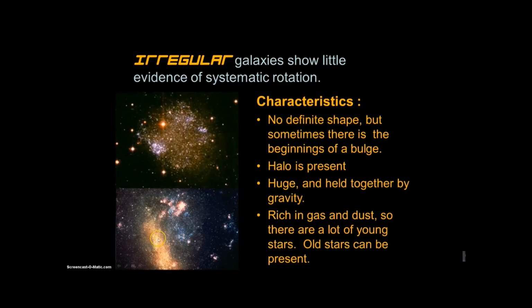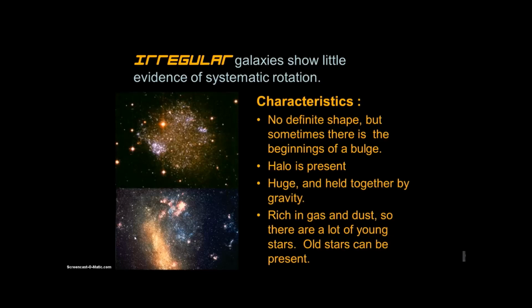Sometimes you begin to see the beginning of a central bulge, but nothing that's formed. There is a bit of a halo or a glow because of the light. They're big. They are held together by gravity, and gravity's continuing to help organize them. Lot of gas and dust, so there's a lot of young stars. There can be old stars, but an irregular shape, because it's a younger galaxy, has a lot of younger stars.